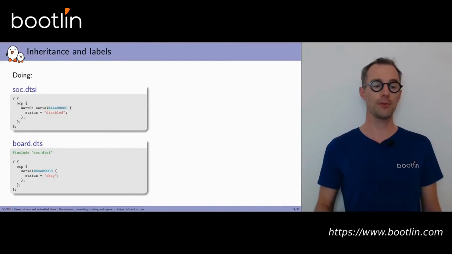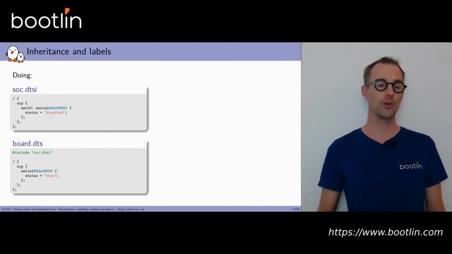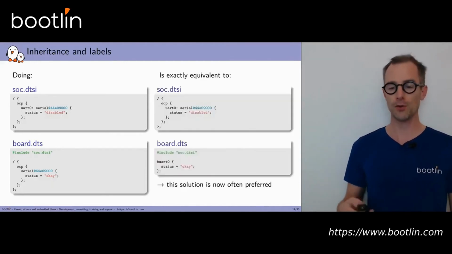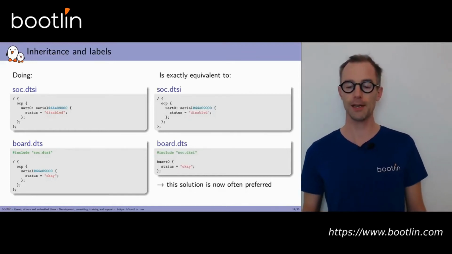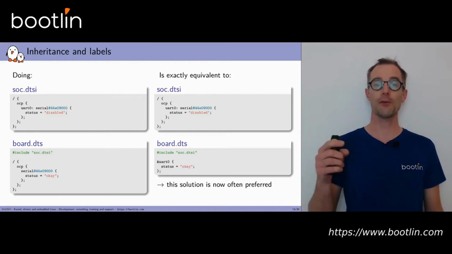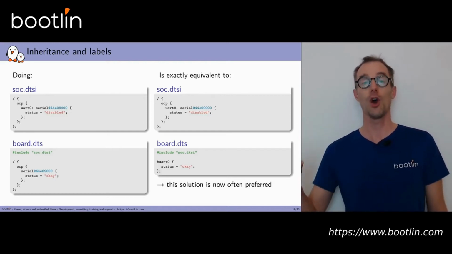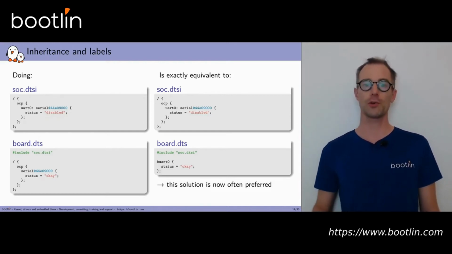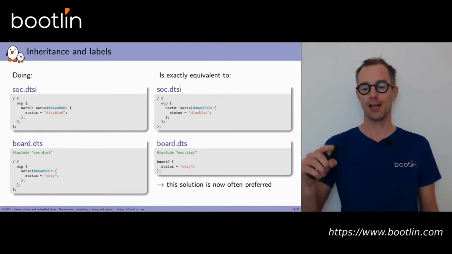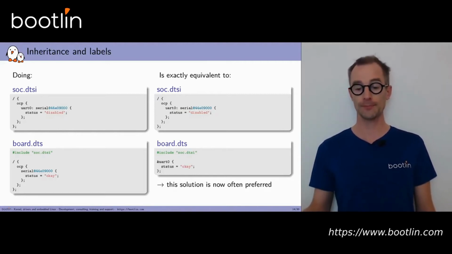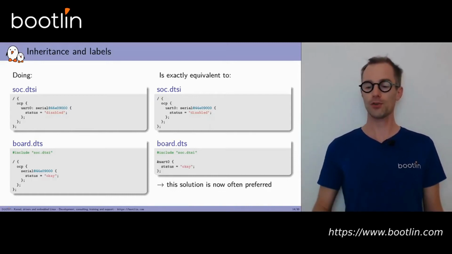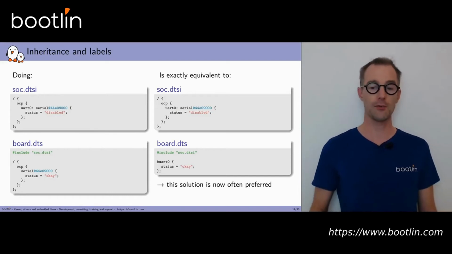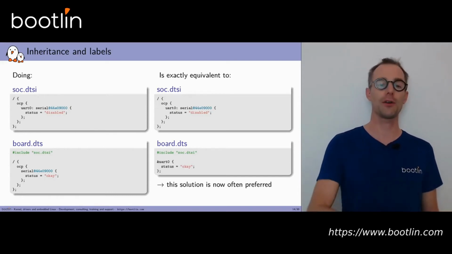In this example, the serial node has a label called uart0. So you can replace this solution by the one on the right side, where in the DTS, instead of having to replicate the hierarchy all the way down to the specific node you're interested in, you can use this &uart0 notation and just override that status property. This solution is actually now the preferred solution, at least in the Linux kernel, for overriding properties from another DTSI you are including.